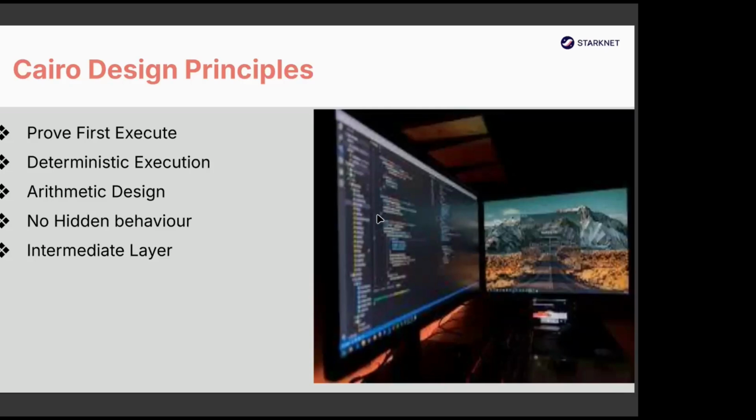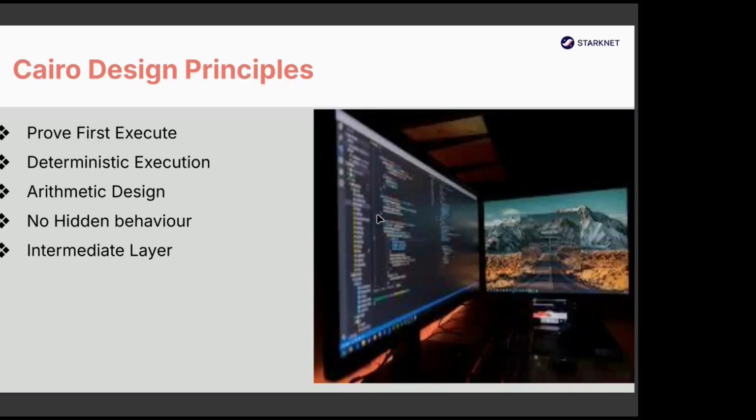So this language is arithmetic in nature. By arithmetic, I mean that the sole purpose is to generate proofs before execution. Starknet as a blockchain is based on ZK proofs.